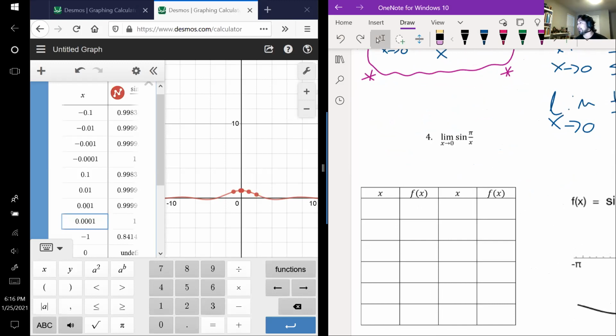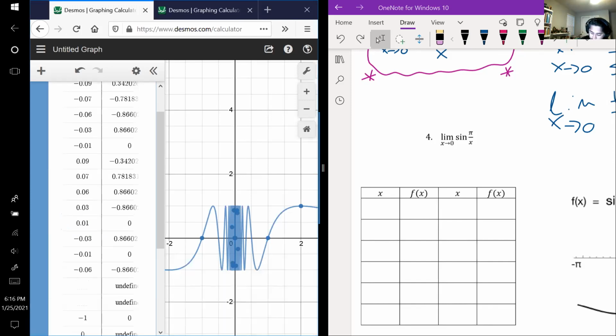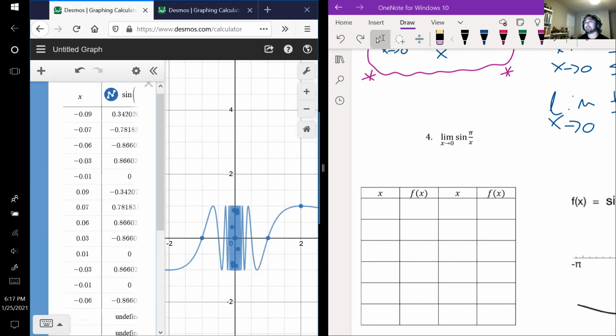Okay, sine of pi over x, and we're approaching 0 from both sides again. So we want to get extremely close to 0. But for this one, the numbers you pick are a little tricky, so I've done it for us already. Here's my XY chart. It seems that 0.09, 0.07, 0.06, 0.03, and 0.01 are the only numbers that give me the results I'm looking for.